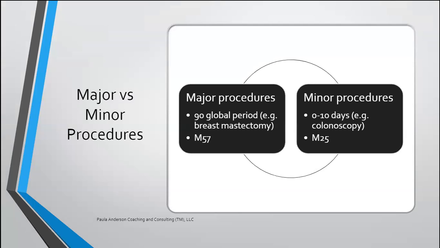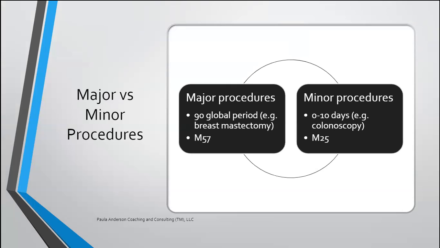Now let's talk a little about the difference between major versus minor procedures. So major procedure has a 90-day global period, and the example that I have on the slide is a breast mastectomy. And what you can do is you can pull up your Medicare administrative contractor, and it will give you the option of actually entering in the CPT code so that you can get what the global days are.